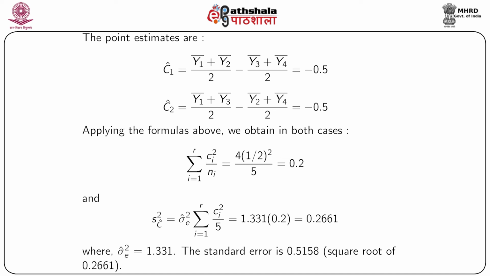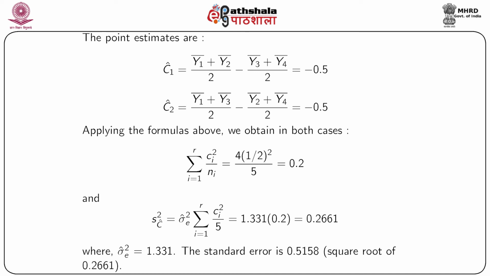Now if we apply the formula that we have learnt above, we obtain in both the cases the summation i equals 1 to r of ci squared divided by ni equals 4 times half squared divided by 5, which equals 0.2.